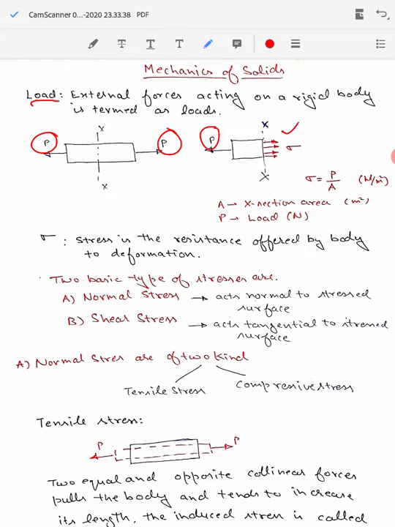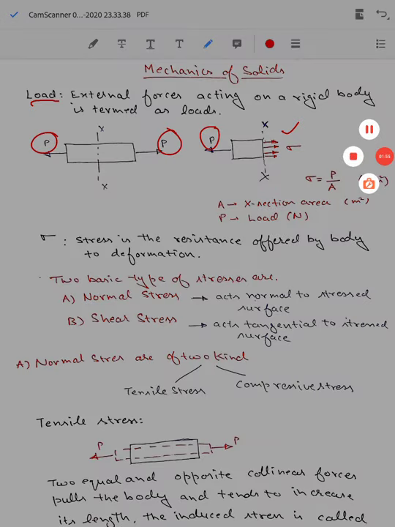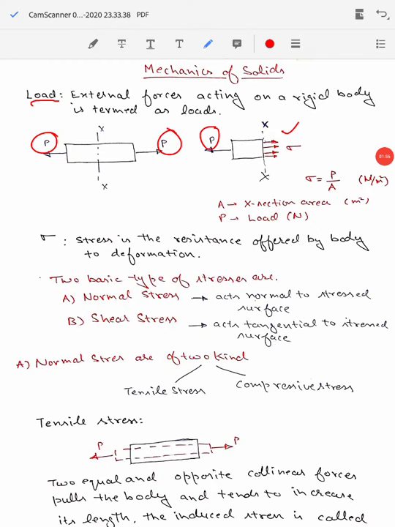Now the magnitude of this resistance to the deformation can be termed as stress, and its value is given by the applied load divided by the area of cross section on which it is being applied.